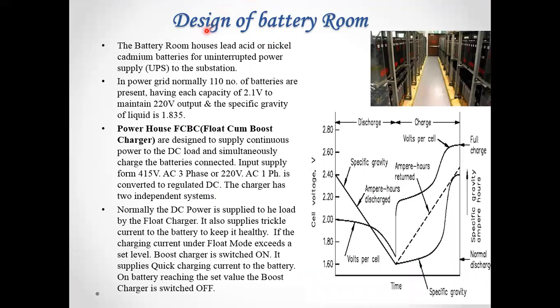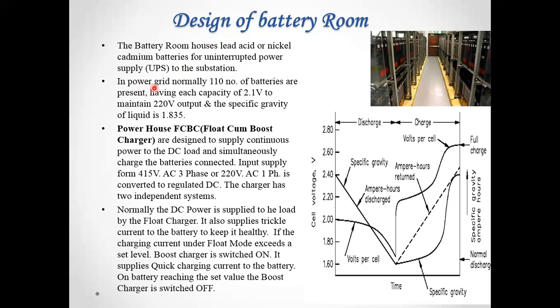Then in the control room we will have the battery room. The battery room houses the lead acid or nickel cadmium batteries for uninterrupted power supply to the substation. Since the control room requires continuous power supply, that can be provided by using these lead acid or nickel cadmium batteries.